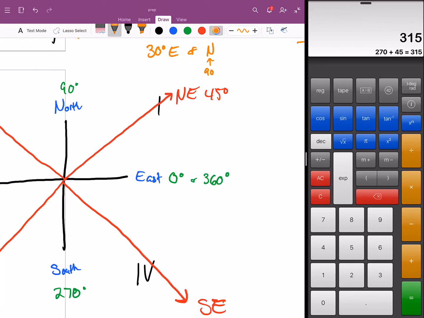And since you're going to the east, you're going to subtract 30. So here's 90. You're going to clock it 30 degrees over.